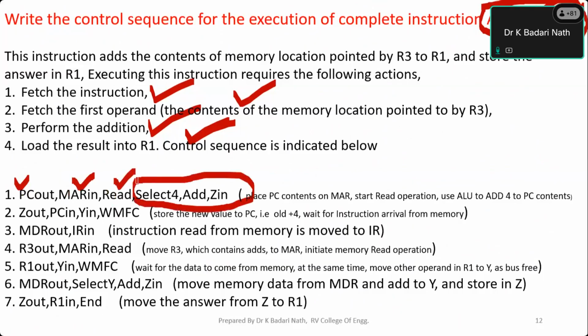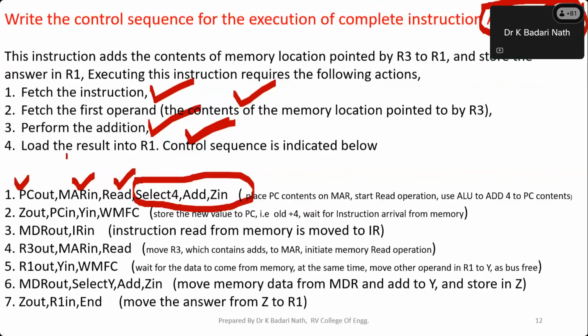Whenever the program counter shows one instruction address, and as soon as we get that instruction, the program counter has to be automatically incremented so that it points to the next instruction to be executed. In a 32-bit architecture, the word length, the program counter has to be incremented by 4. So by incrementing it by 4, the program counter will be ready for fetching the next instruction.